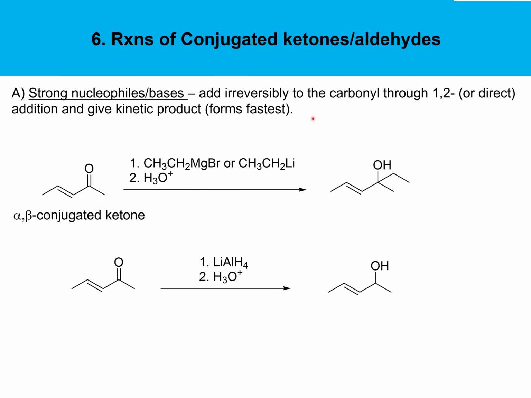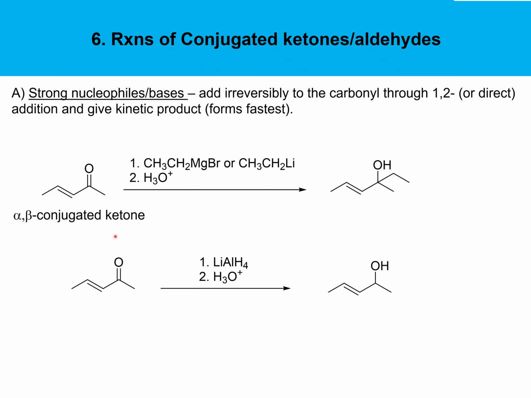Now, this addition is considered a direct or a 1,2 addition, and it typically gives you the fastest forming product. So in other words, adding this ethyl group to the carbonyl is faster than adding it to the beta carbon. And so as a result, we get what we call the kinetic product. In other words, the product that forms the fastest.